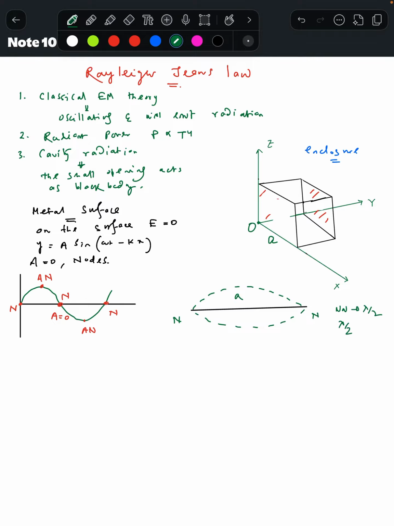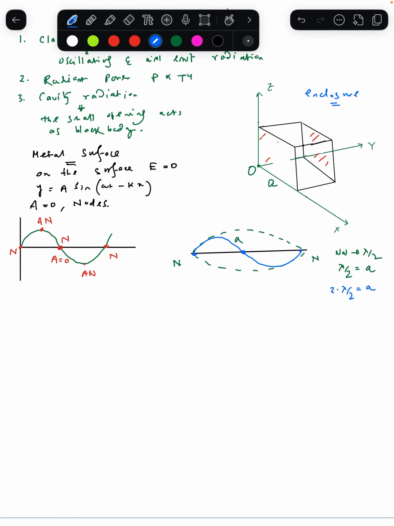So lambda by 2 becomes equal to A. When it is oscillating in two loops, there will be nodes at both ends and in the middle, so lambda by 2 plus lambda by 2, and we write 2 into lambda by 2 is equal to A. If we extend this up to n number of loops, we can write n into lambda by 2 equals A.